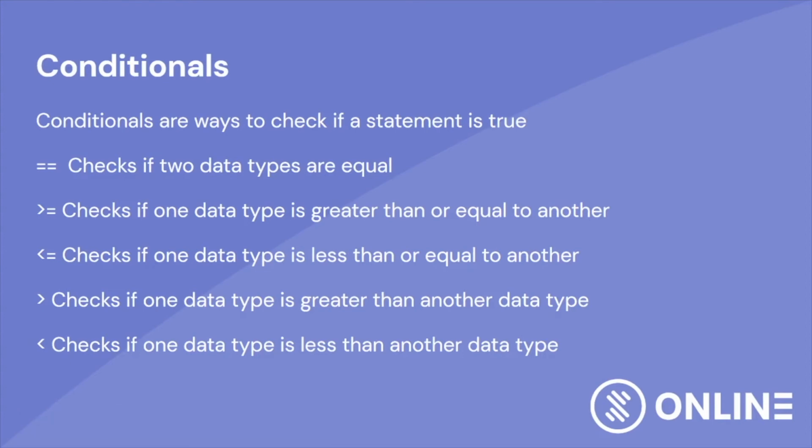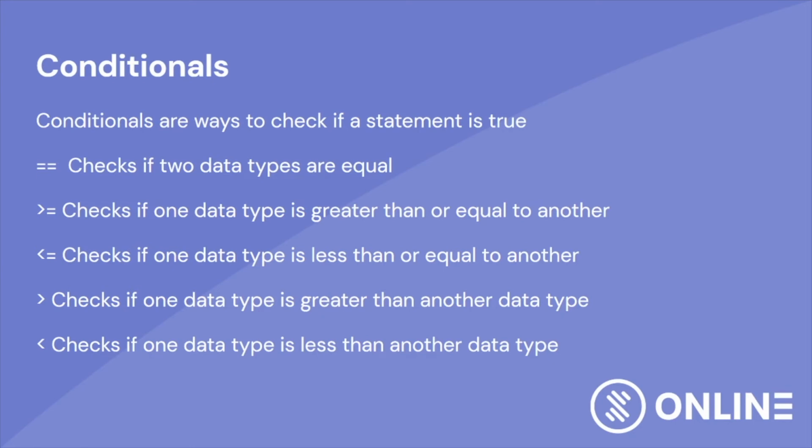Conditionals. Conditionals are actually ways to check if a statement is true. And so the way that you do this is that if two parts of a condition are true, or if the overall condition is true, it will actually output a Boolean that is true or false.